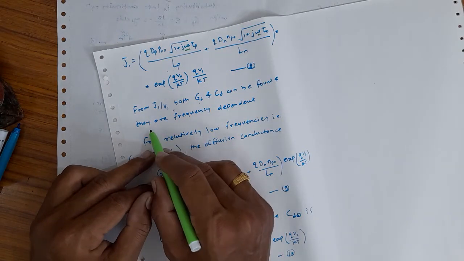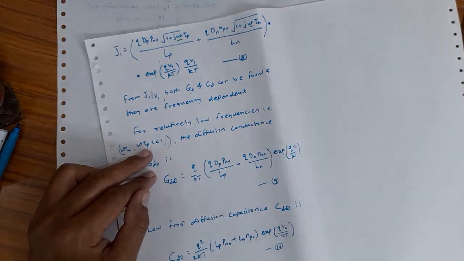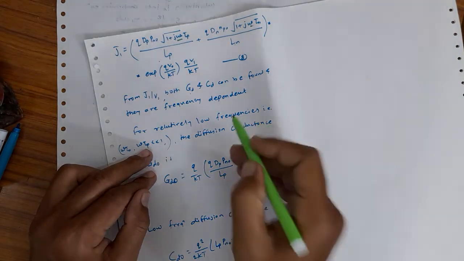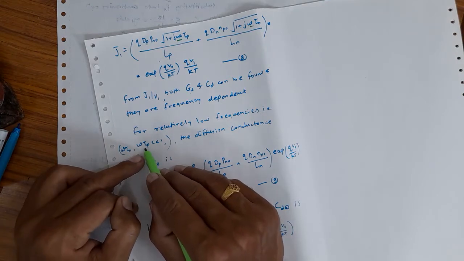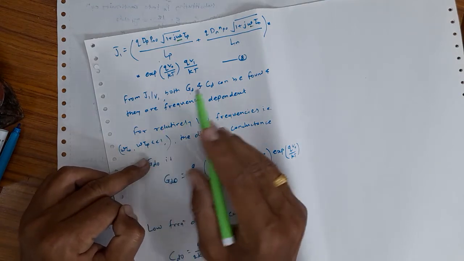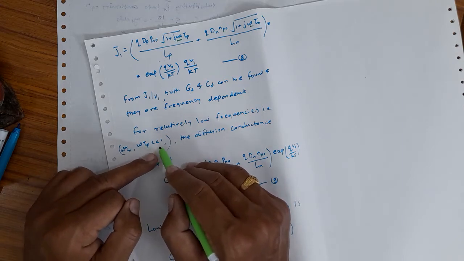Now for relatively low frequency, if omega is very low, then the product omega tau n into omega tau p, because tau p and tau n are already small, and omega is itself low, becomes very much less than 1.